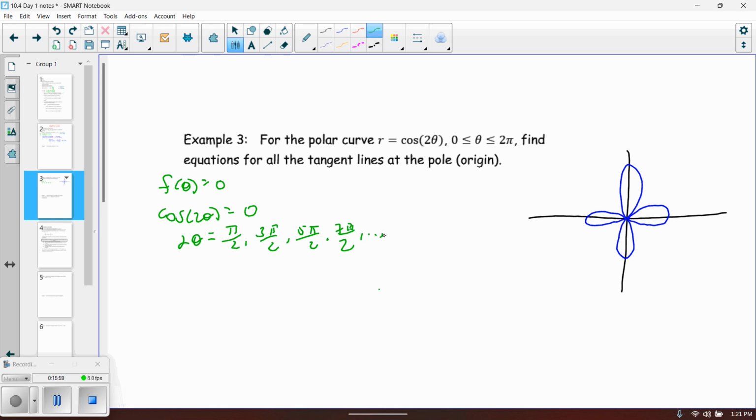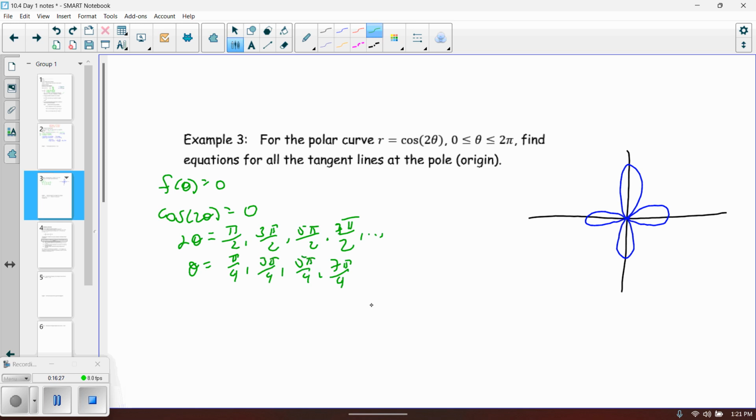Now, when we simplify this, we want to make sure that our values are only the values in between 0 and 2 pi. Well, we have to divide by 2 to actually find theta. So if we divide everything by 2, we now get pi fourths, 3 pi fourths, 5 pi fourths, and 7 pi fourths. If we had gone any further, we would be outside of our domain. So we can't do that.